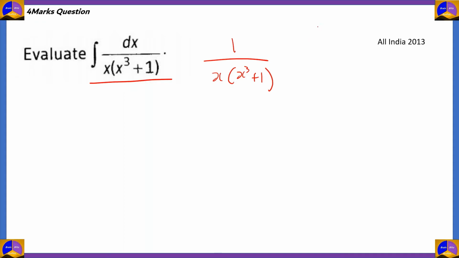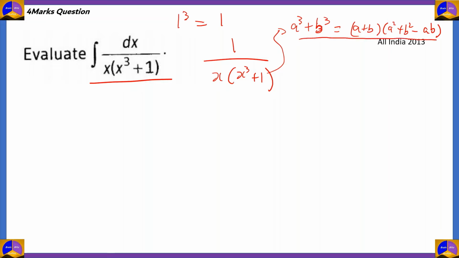And if you notice, 1 cube is always equal to 1. So we have a part of the denominator equal to a cubed plus b cubed. And what is the value of a cubed plus b cubed? It is simply a plus b times a square plus b square minus ab. This is, again, an algebraic identity studied in grade 10 and applied in grade 12.